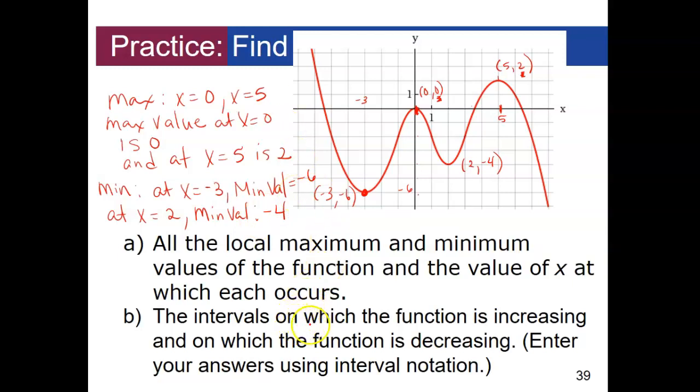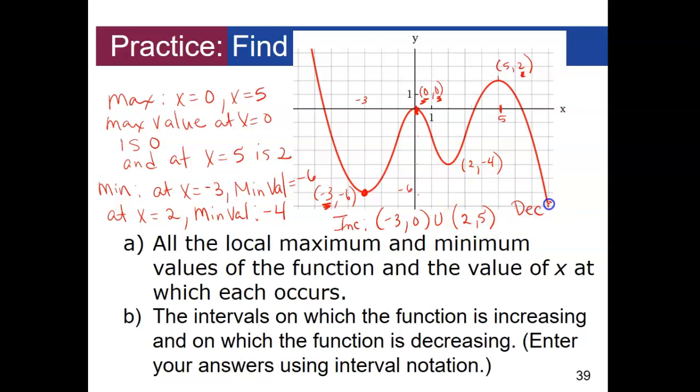Now we want to look at the intervals on which the function is increasing and decreasing. For our increasing part, we're increasing on this interval here, so from -3 to 0. Again, only look at the x's when we go across here. It's also increasing on this part of the graph, so that's going to be 2 to 5.